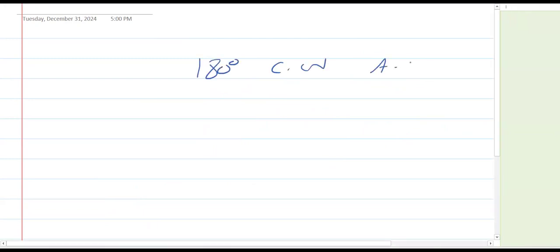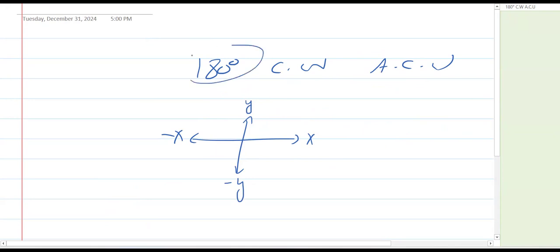Okay, now next is 180-degree. Now for 180-degree, it doesn't matter whether it is clockwise or anti-clockwise. It will be same thing. What will happen? This is x, minus x, y, minus y. Yes. So for example, if you rotate 180-degree, this will go here.